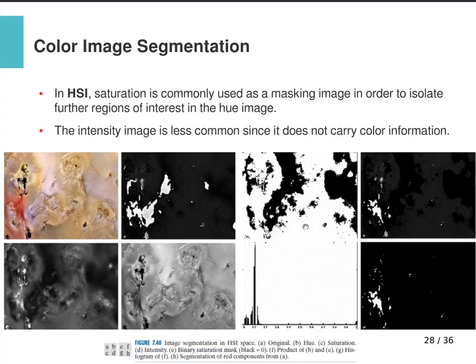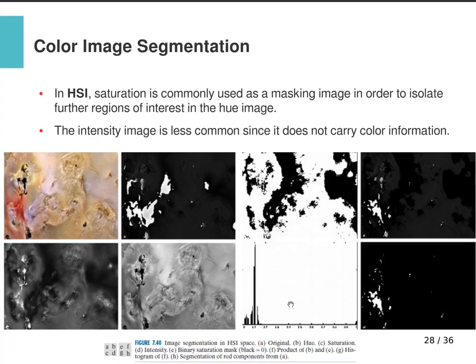Now in subfigure F we have the product of B, the hue component, and this mask. If you create the histogram of this image, this is the histogram that you get.